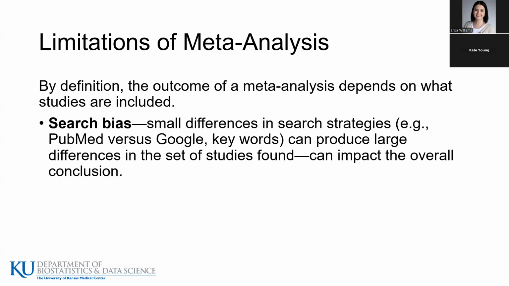The type of search engine is also important, because this affects the type and the number of studies that are found. Small differences in searching strategies can actually produce large differences in the sets of studies that are found.